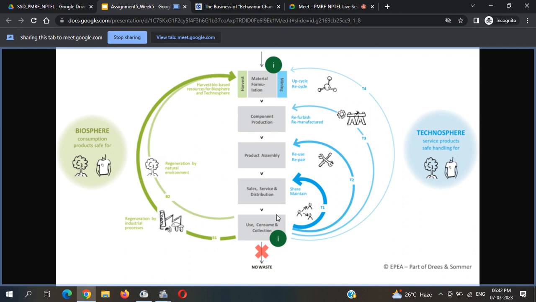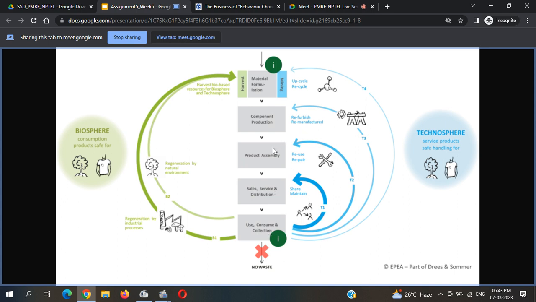So this will happen when the product is still in a usable condition, but it's not required by the end user anymore. So it can again go to sales and service or redistribution. So it can be sold to another person who wants to use it, or it can be made available for other people to use. So in terms of service and distribution, things like that.